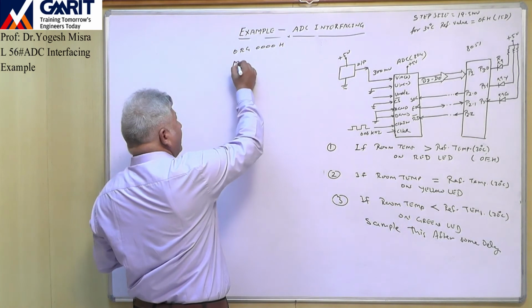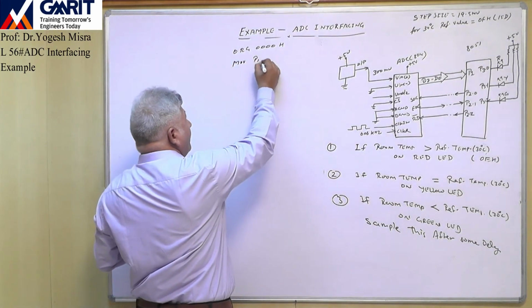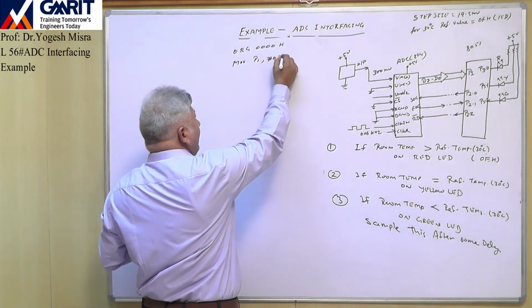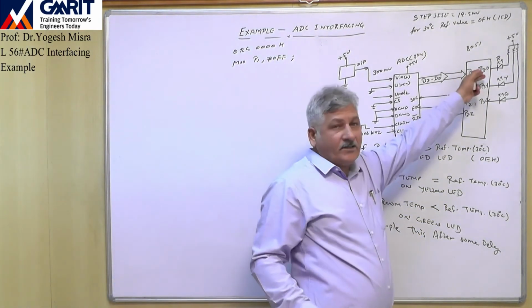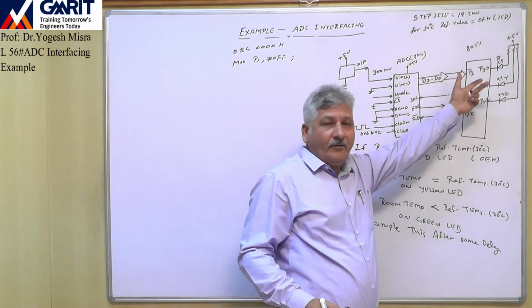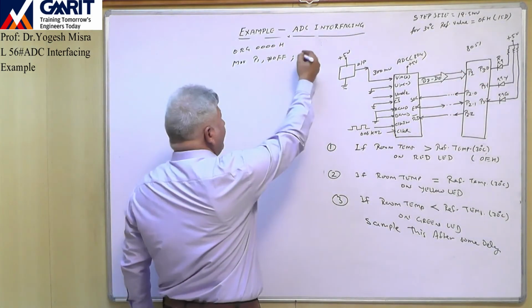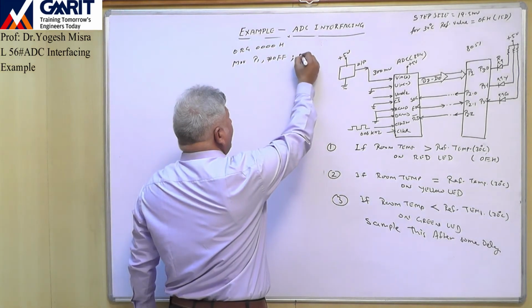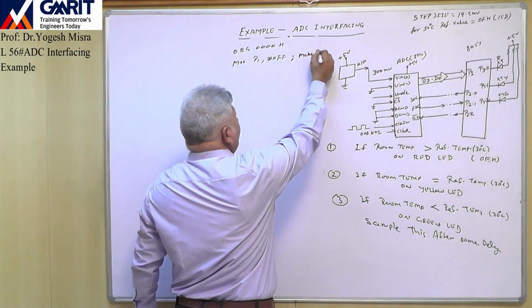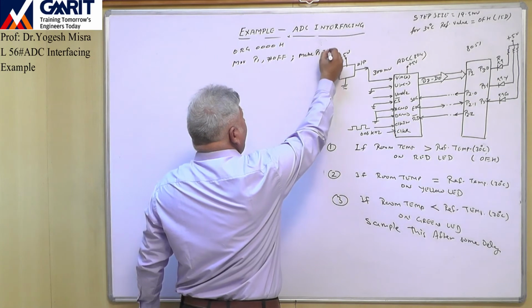For this we will write the instruction MOV P1, #0FF. You have to send once to these pins of this port, then it will become input port. So why we have written this instruction? Comment I am writing after semicolon, make P1 input.